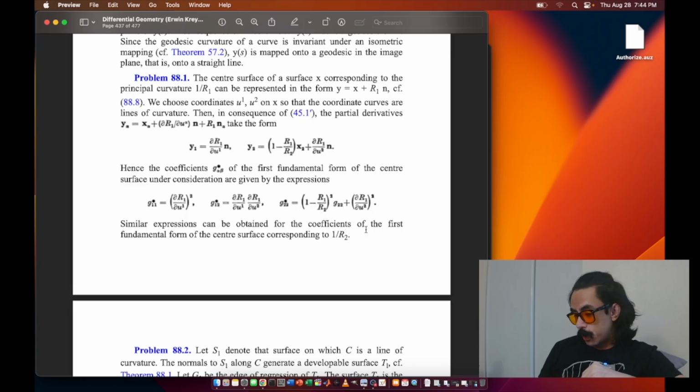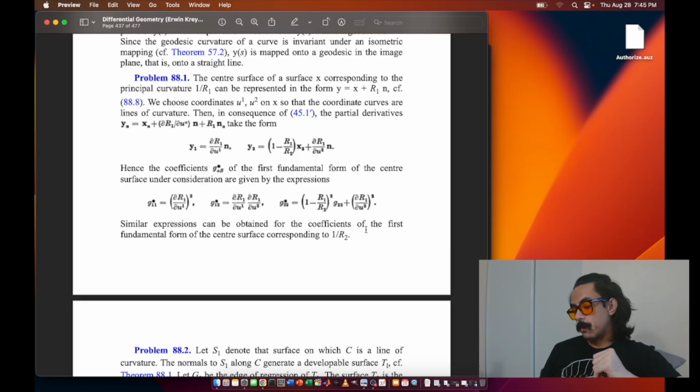Hence the coefficients g sub alpha beta star of the first fundamental form of the center surface under consideration are given by the expressions g sub 11 star equals the square of partial r1 partial u1, then g sub 12 star equals partial r1 partial u1 times partial r1 partial u2, and finally g sub 22 star equals the quantity 1 minus r1 over r2 closed quantity squared times g sub 22 plus the square of partial r1 partial u2.